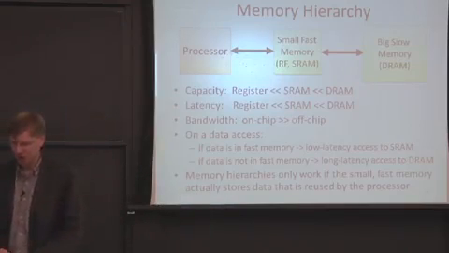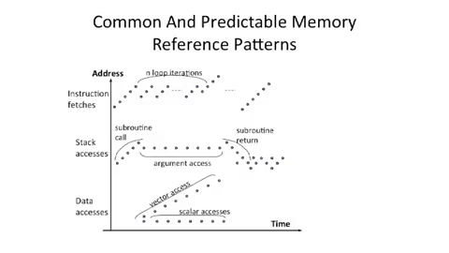So memory hierarchies only work if your fast memory is actually useful. OK, so let's look at different memory access patterns and try to come up with a couple different techniques that we can exploit to increase the probability that the data we're going to need is in that small, fast memory.